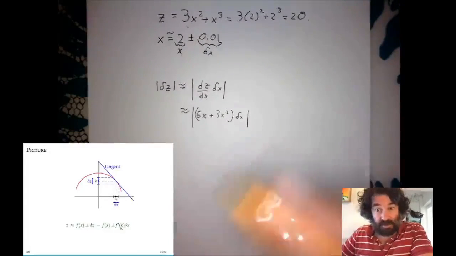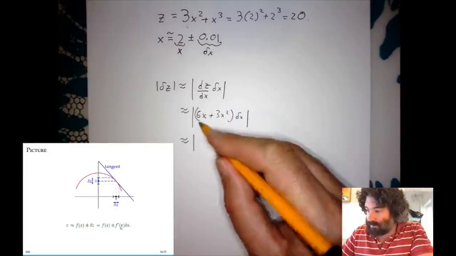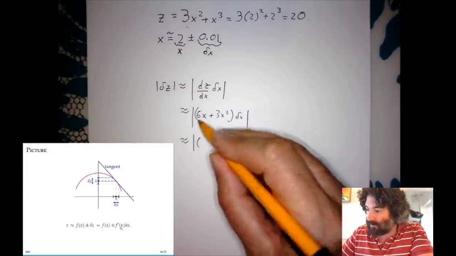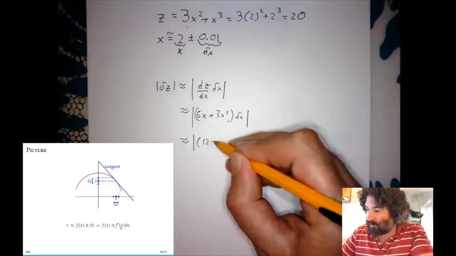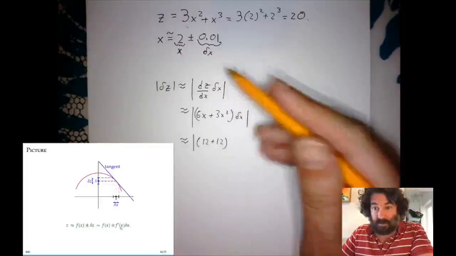So this is just an estimate of how large the error in z could be. And so we'll plug in the value that we have for x. So we have here 12 plus 12 times delta x, which is 0.01.